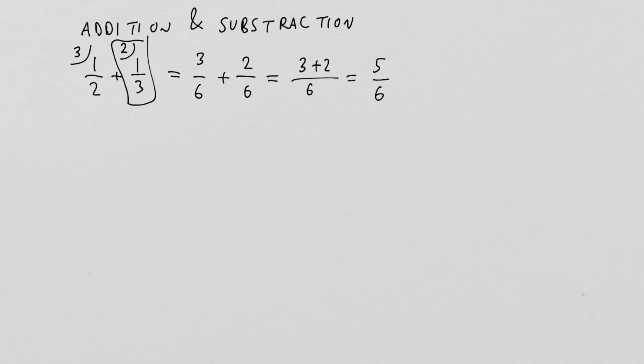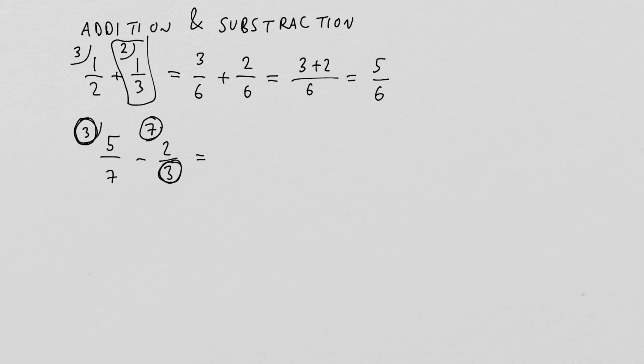In the same way, if we have a subtraction, we need to first make the common denominator. Why we put number 3 here, we took it from the denominator.